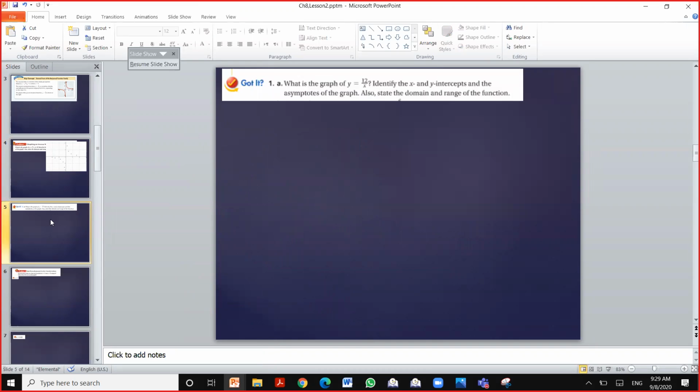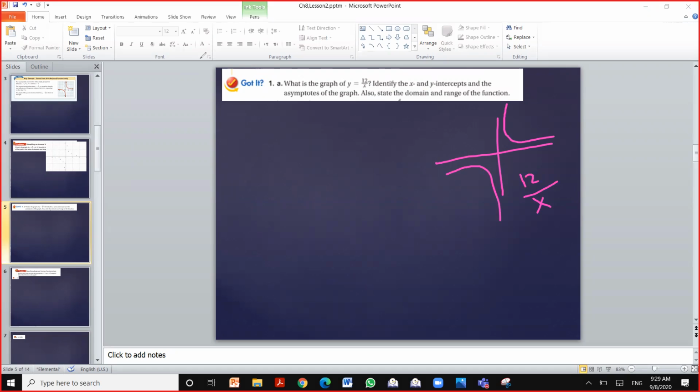So now here we draw 12 over x, and we drew it before. We said how it will be. It was like this and this. This is for 12 over x.